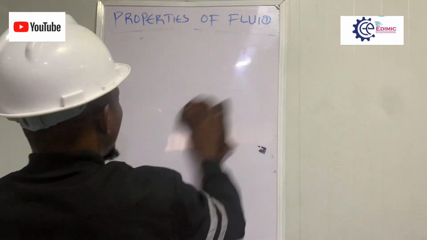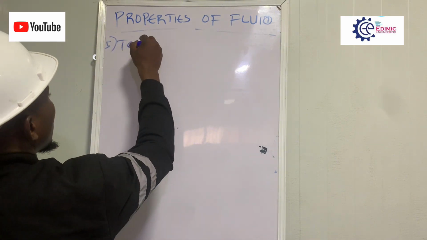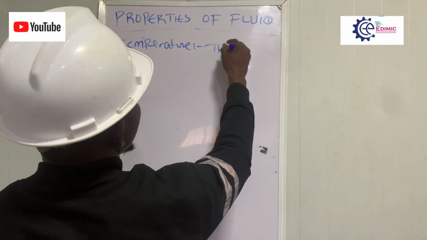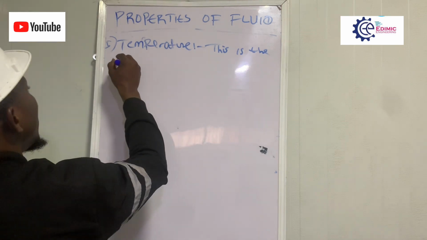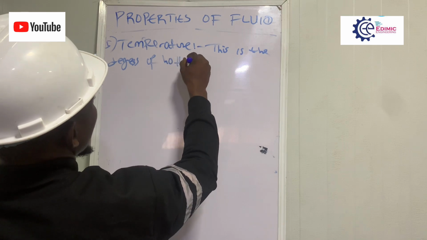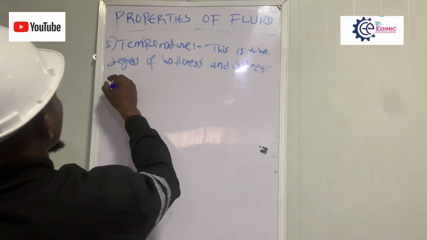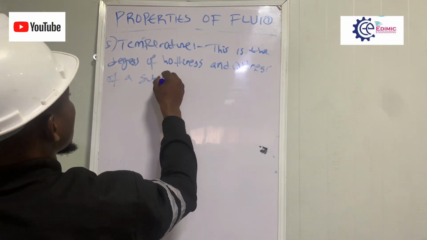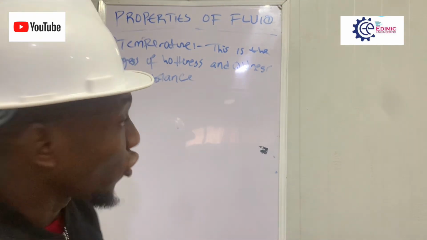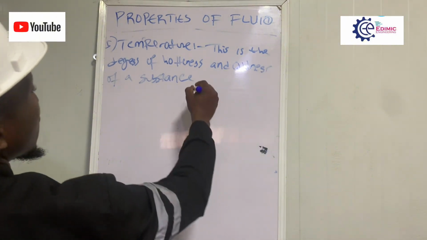Then we'll progress into looking at another property of fluid, which is temperature. This is very, very important, and it is defined as the degree of hotness or coldness of a substance, which many of us know.